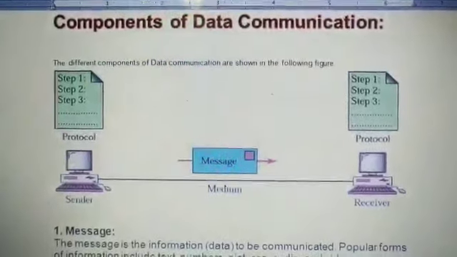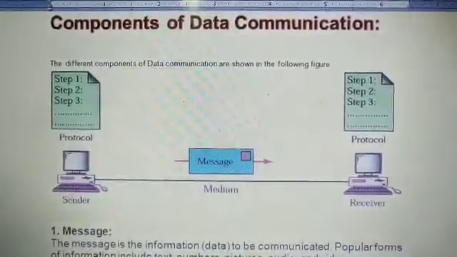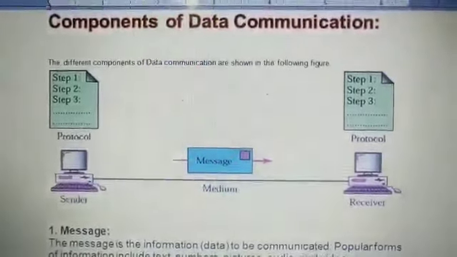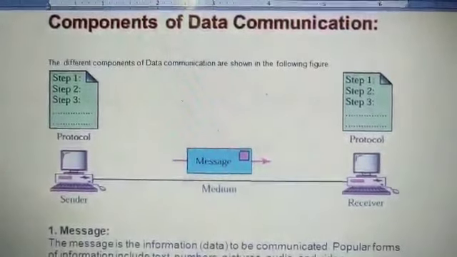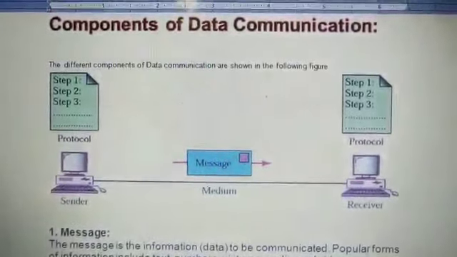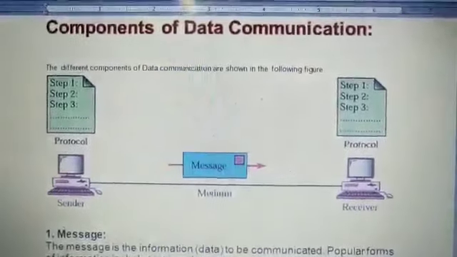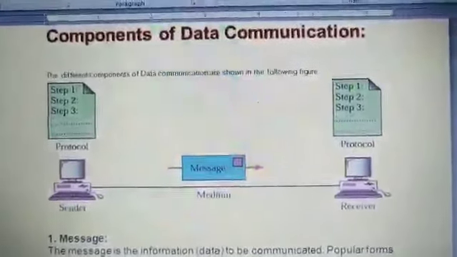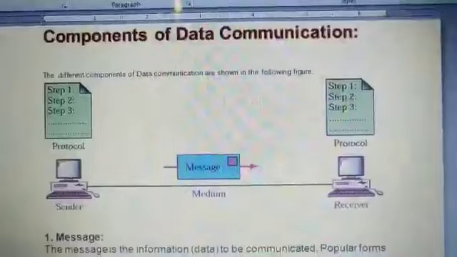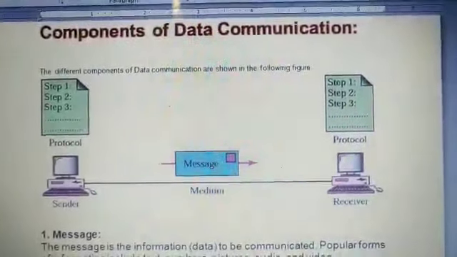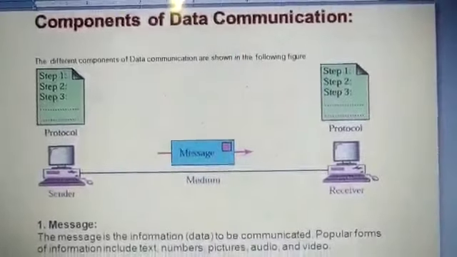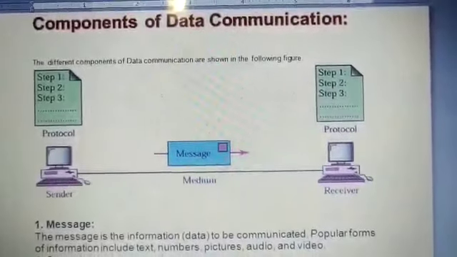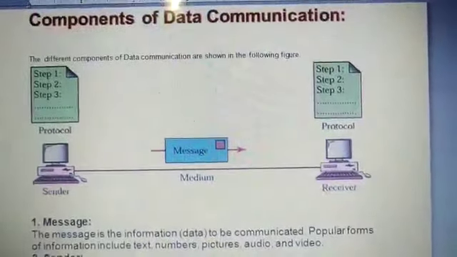The information is modified in such a way that no one can understand it. So at the receiver, the signals have to be decoded, and then the user will be able to understand what the message information is.